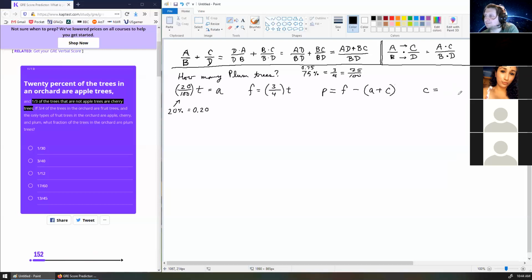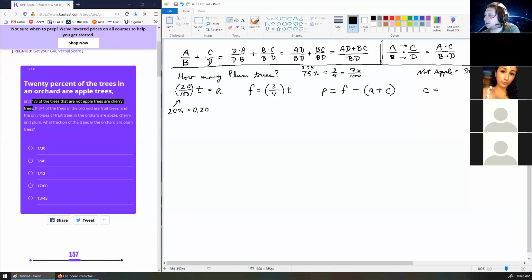Anyway, so it's 80 trees, and then a third of that 80 number is cherry. I don't know how to notate that, but so not apple trees equals 80%. So a third of those are cherry trees.